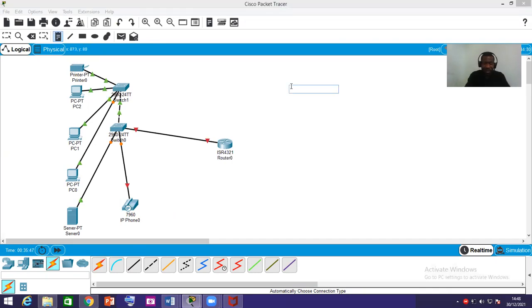And all these computers, all these PCs, are running Windows OS, and the server is running Ubuntu server.